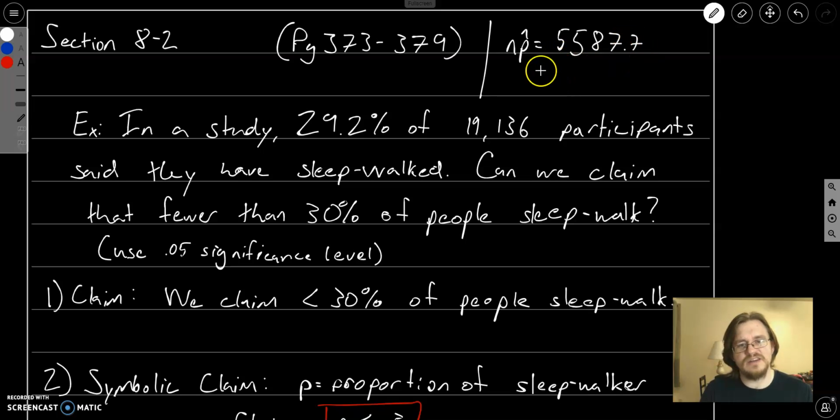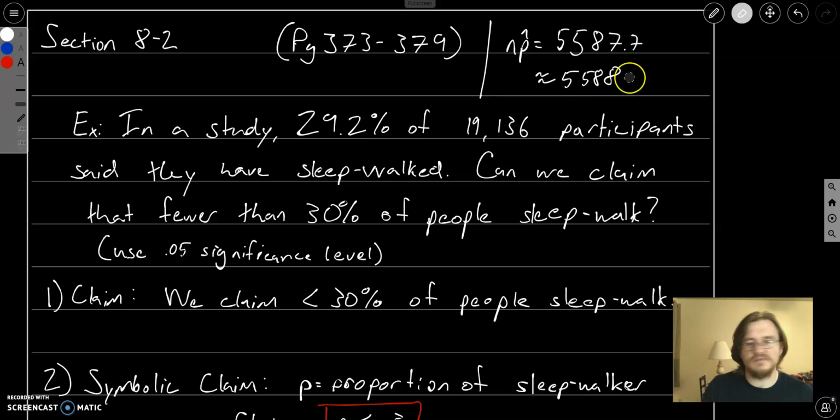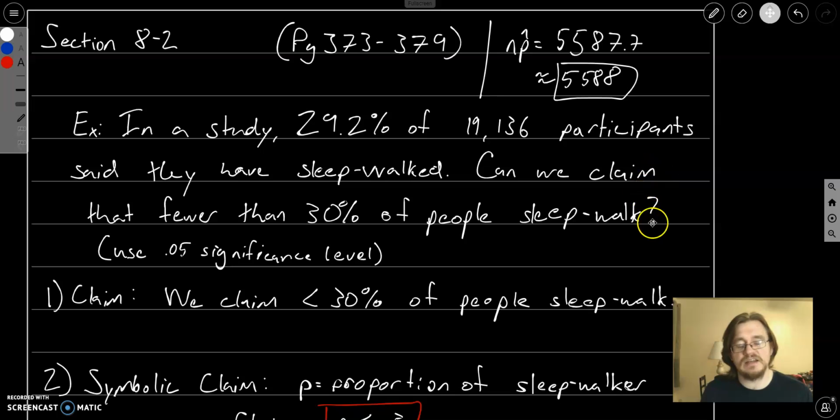So we need to round to the nearest whole number. And this is certainly bigger than 5. So there's no need to worry here. The number of failures would be the other half of this. So if 5,500 people said that they were sleepwalkers, the other 14,000 people said that they weren't, and that's also certainly bigger than 5. So this is important to check. We need to check that n times p hat is bigger than 5 and n times q hat is bigger than 5. Most of the time this is satisfied.